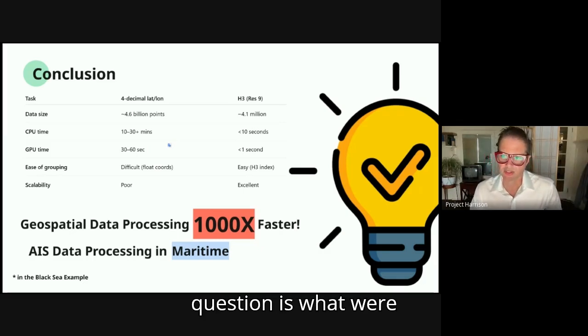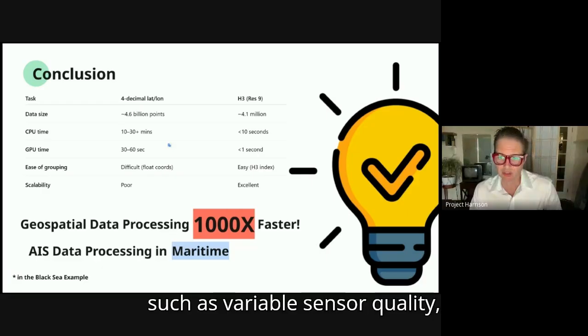Next question is, what were the key technical and operational challenges in adapting general purpose AI models to handle the unique constraints of real-time maritime data, such as variable sensor quality, communication latency, and regulatory compliance?